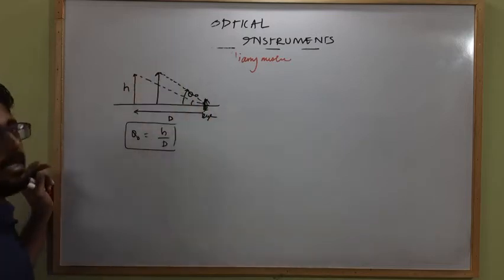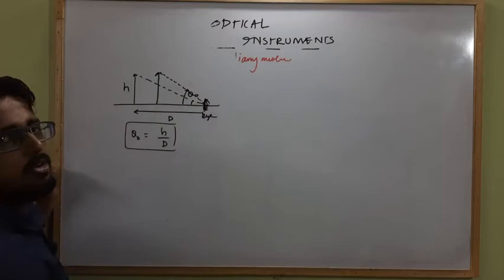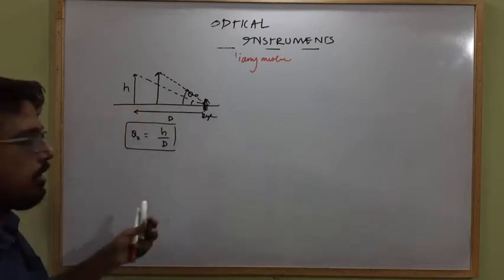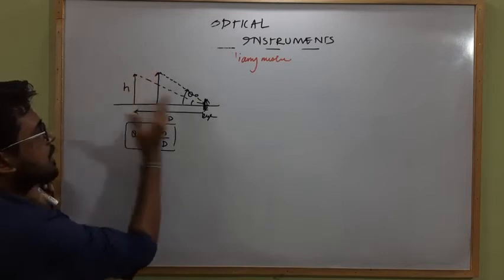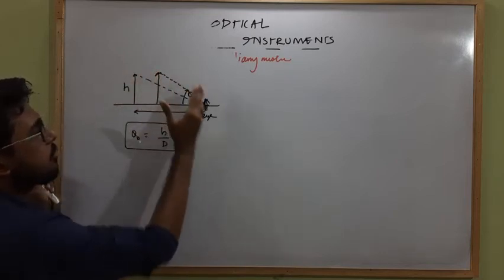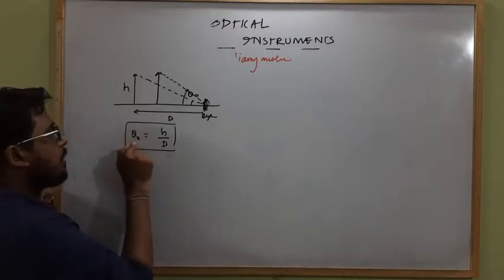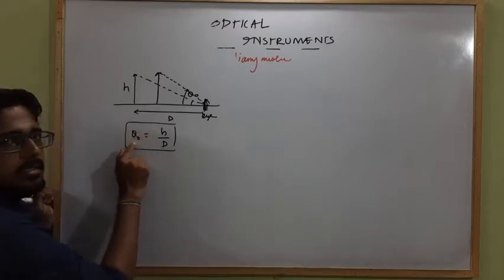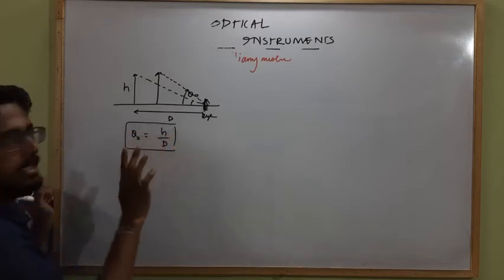Clear? So this is the normal eye angle of view, which is defined as h by d.